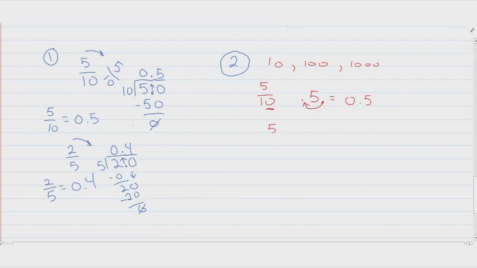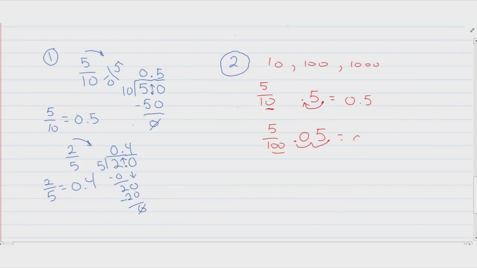So if we had 5 over 100, we'd write the 5. The decimal is not in sight, so it must be on the right. There it is. And since we have 2 zeros this time, we move the decimal back to the left 2 spaces. And what do you think you add in this empty space? You've got it. Since there's nothing there, we put a 0.